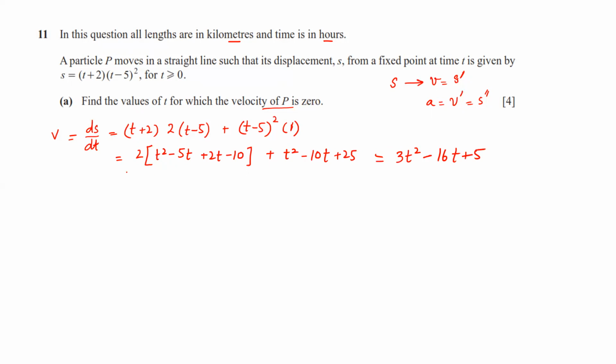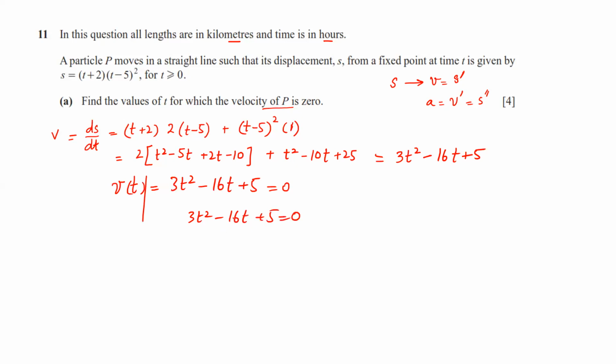So my velocity v of t equals 3t square minus 16t plus 5, and we need the value of t when the velocity is equal to 0, so 3t square minus 16t plus 5 equals 0.